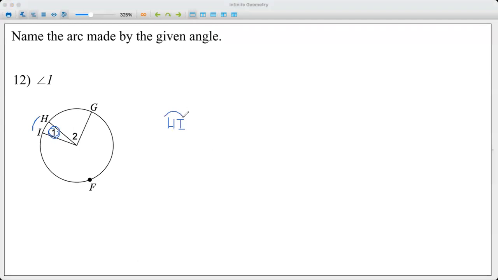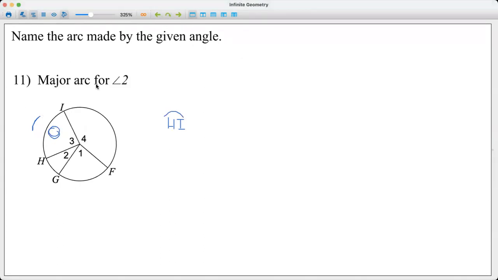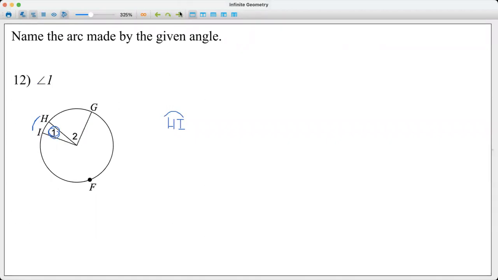So I'll say that one more time. If they want us to give the major arc, like in the previous questions, notice it says name the major arc for angle 2, whereas this one just says name the arc for angle 1. So without the word major, then they want the minor. And remember, it could be HI or IH.